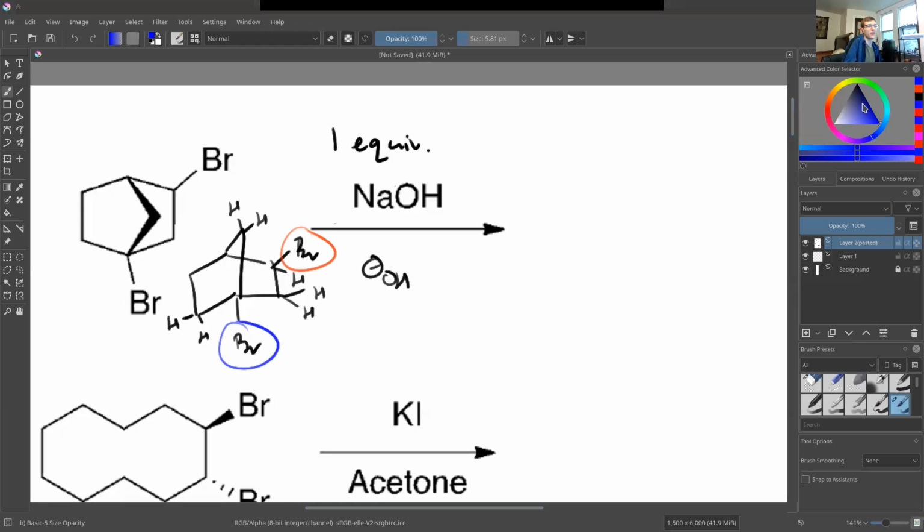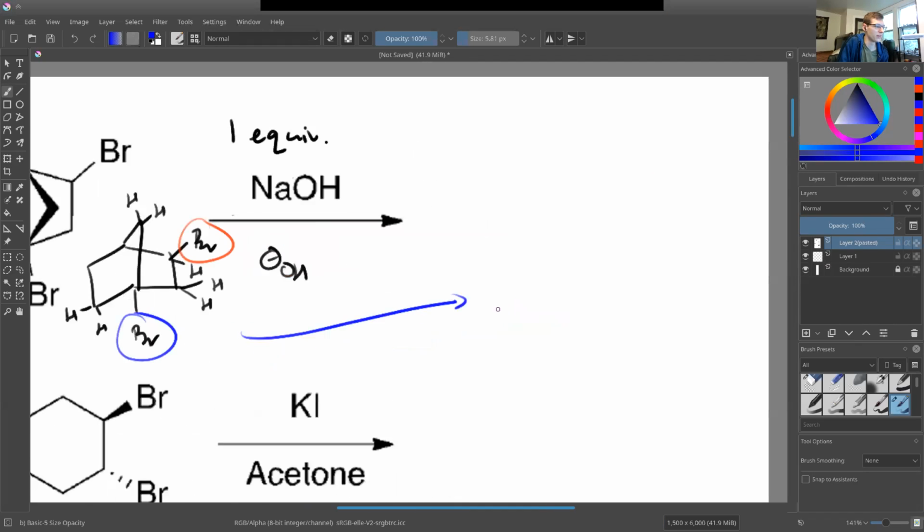In this case, the fact that this bromine, the blue one, is at the bridgehead means that we can't make a double bond there, right? Let's say we were to try to do that, then what we would get would look something like this.